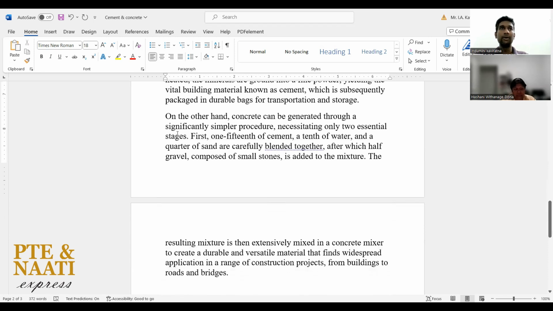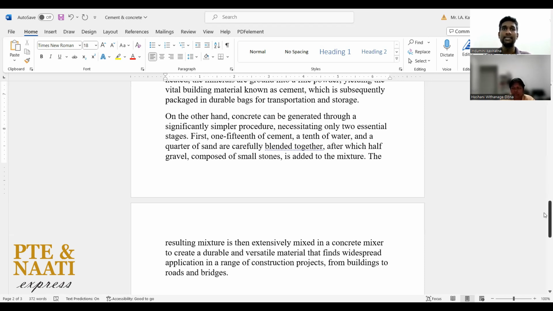On the other hand, concrete can be generated through a significantly simpler procedure, necessitating only 2 essential stages. First, 1/50 of cement, a tenth of water, and a quarter of sand are carefully blended together, after which half gravel composed of small stones is added to the mixture.